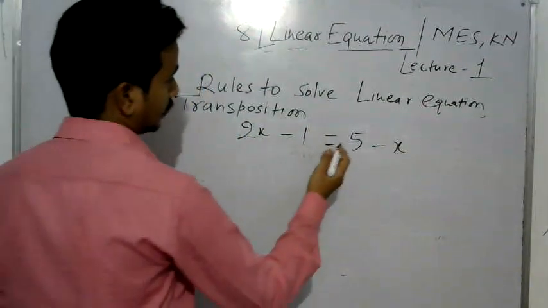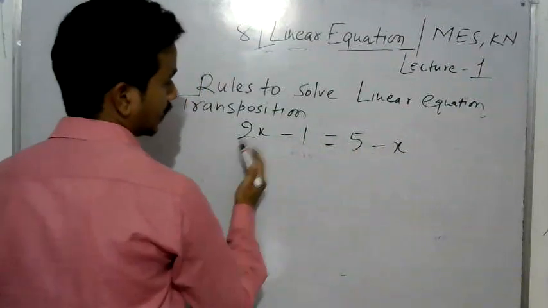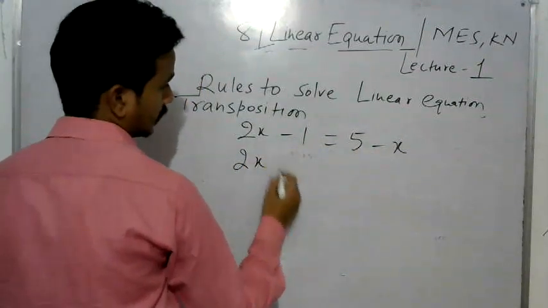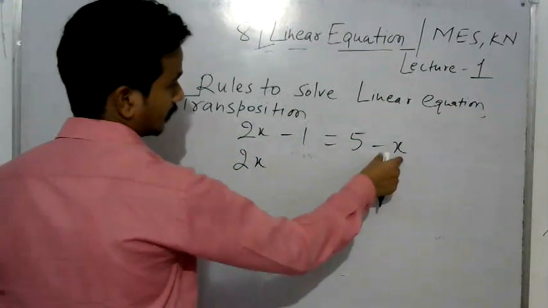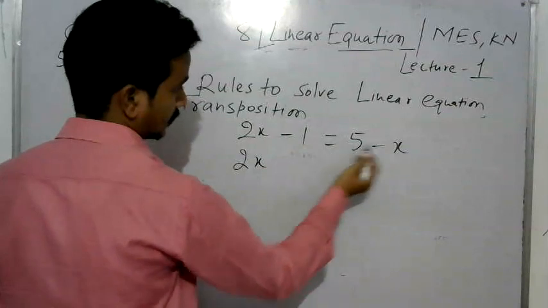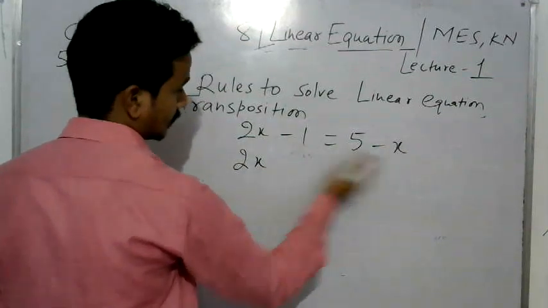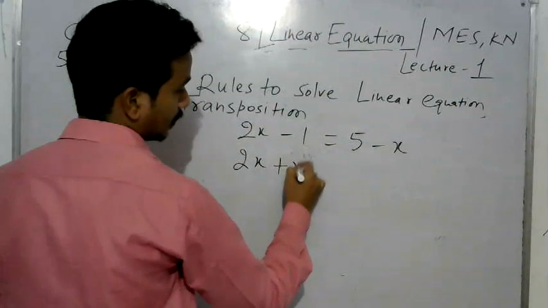For example, if I move minus x from right to left, then this will change sign. This negative x will become plus x. The sign will change. Minus x, when it comes this side, it will become plus x.